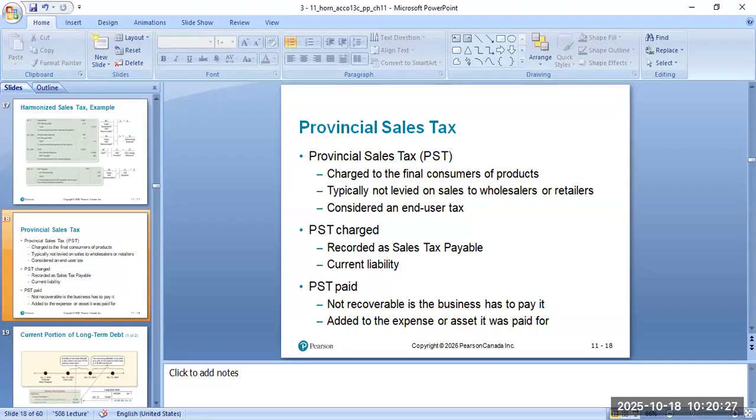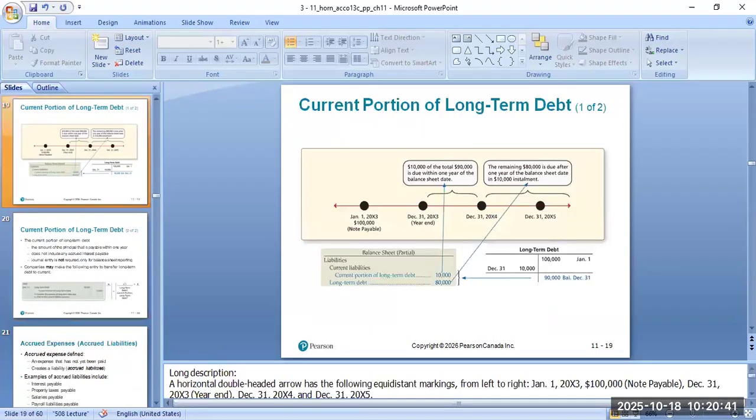In any other case, the PST is going to come to me as a cost of the business. I know it's not fair, but that's how it is. So be very careful if you have to deal with the PST.